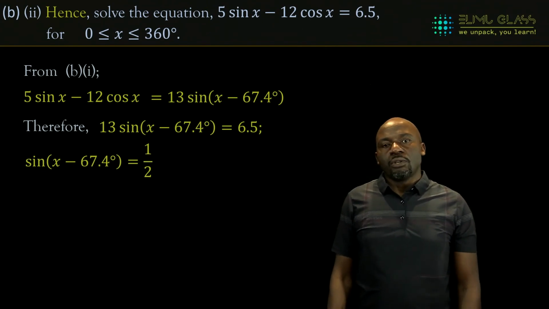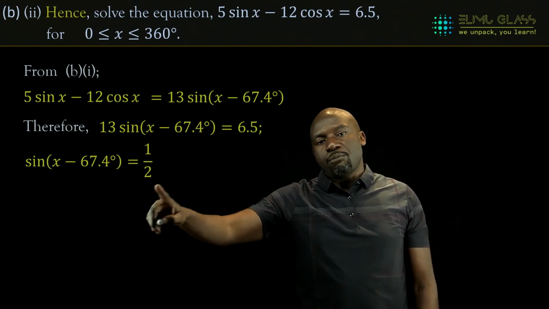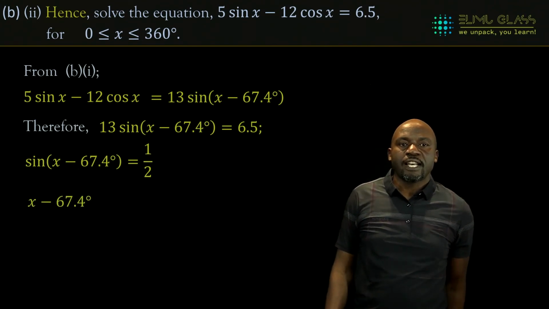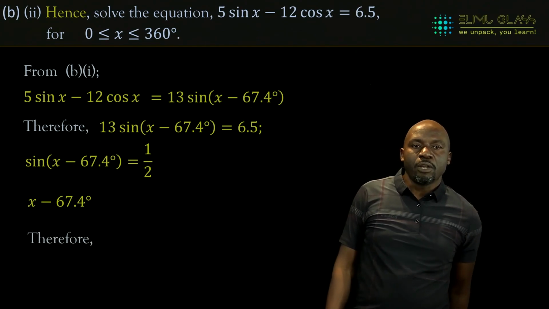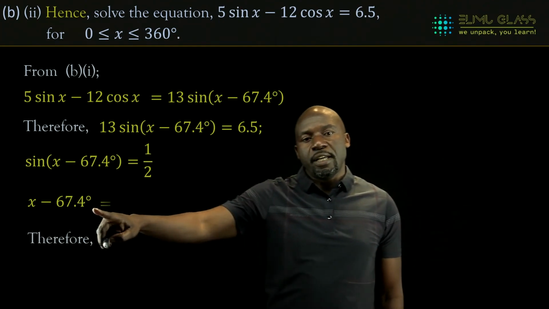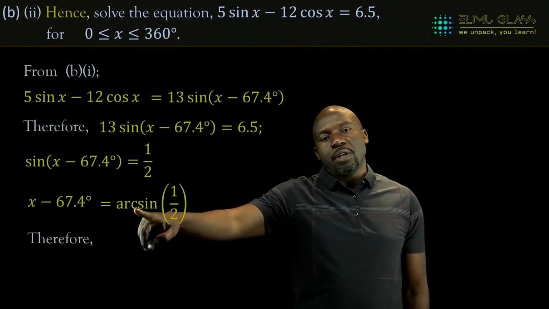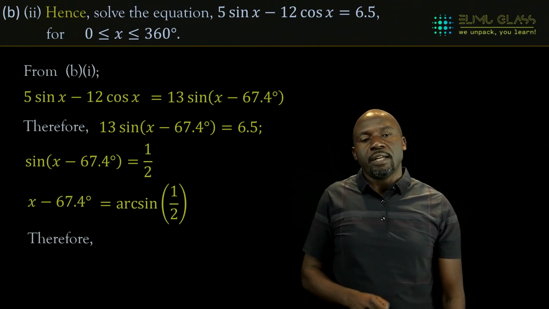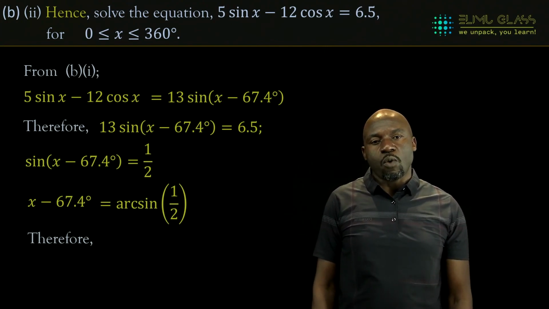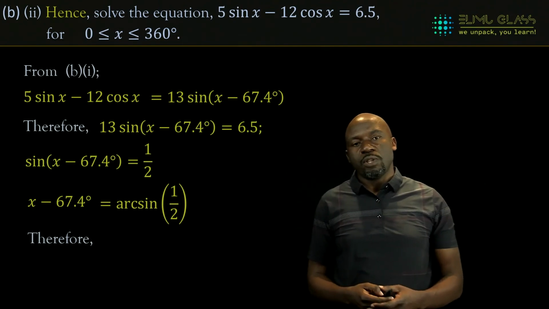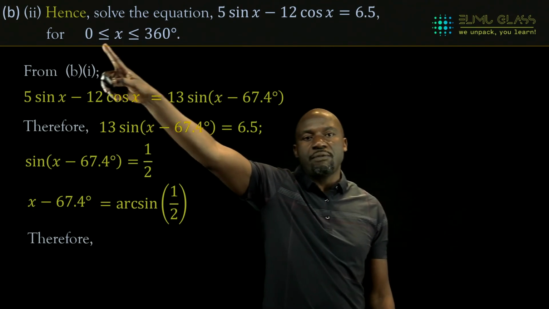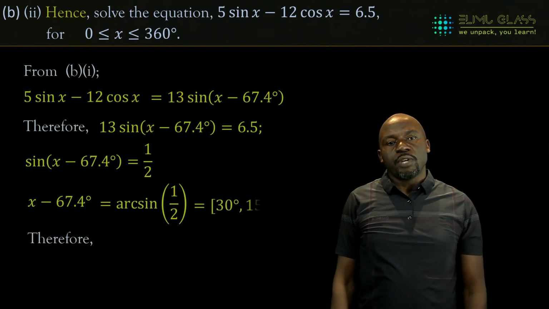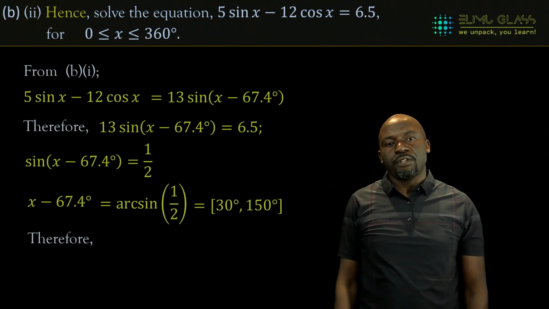So find the inverse of both sides. Then x minus 67.4 must be equal to arcsine of a half. The angles whose sine is a half are 30 degrees and 150 degrees, and these are angles within 360 degrees. We are told to find our values between 0 and 360, so the values we expect are 30 and 150.